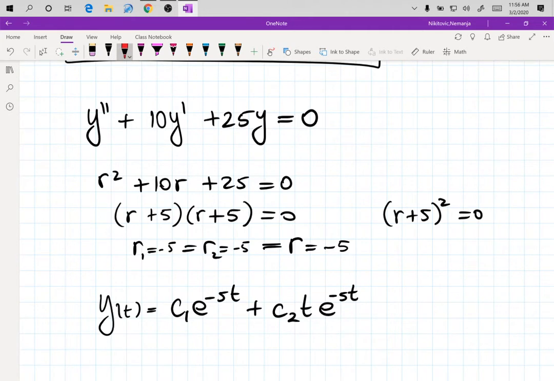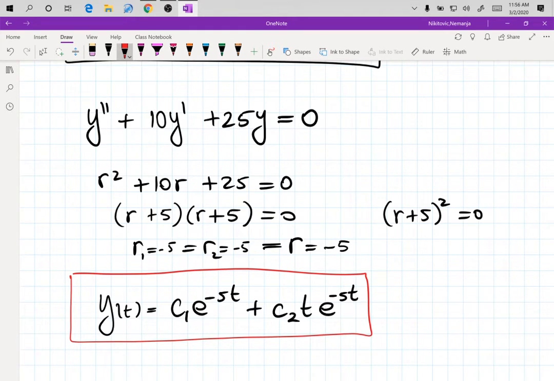That is what we call the general solution in this case.